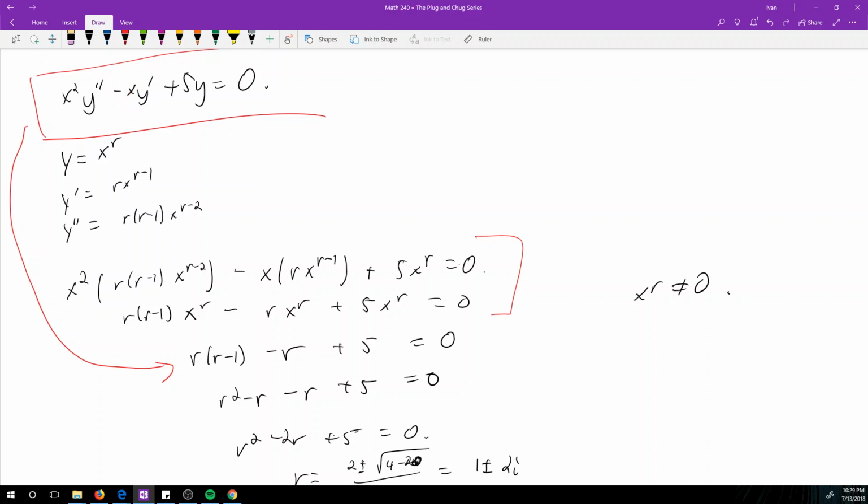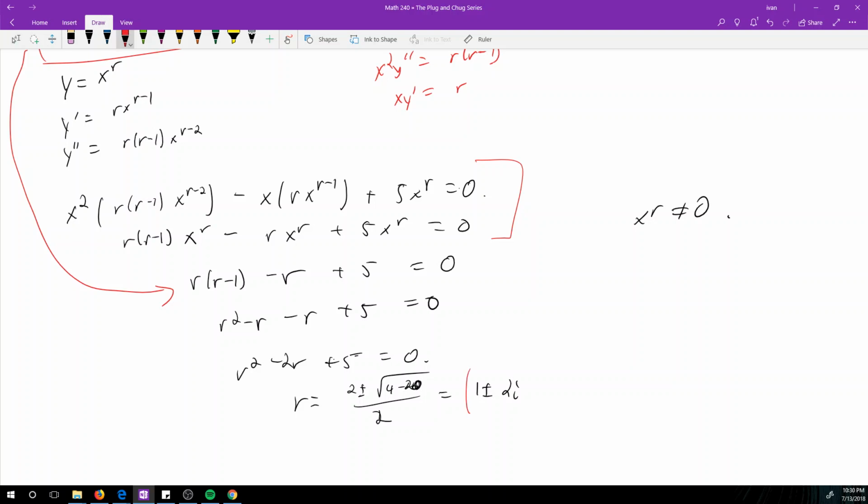Essentially, x squared y double prime is equal to r times r minus 1, x y prime is equal to r, and then y just disappears, and you're left with a 5. That's all this is.